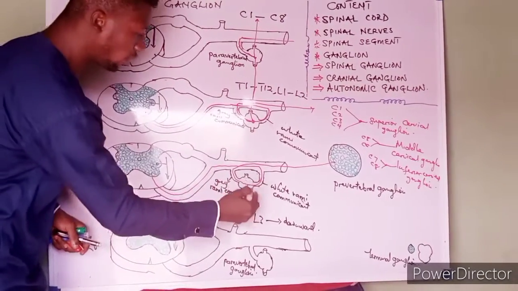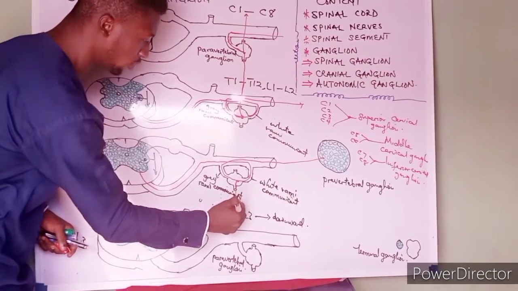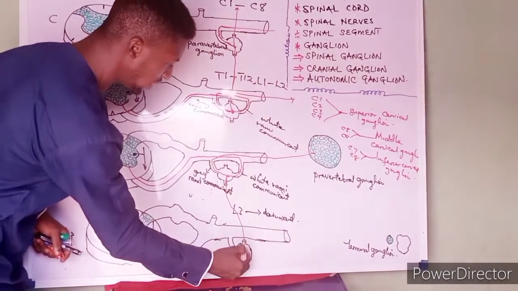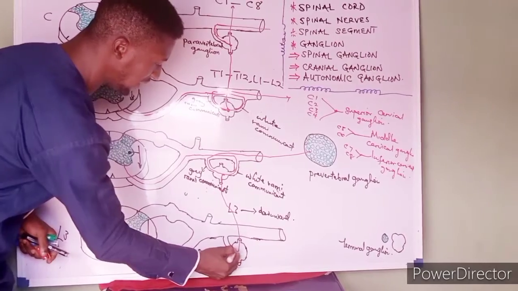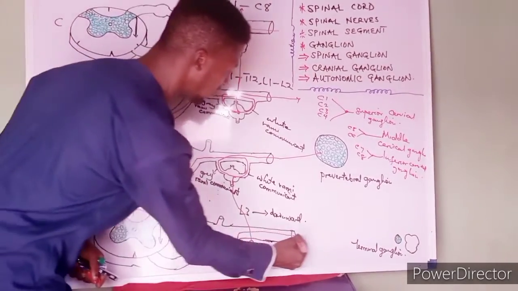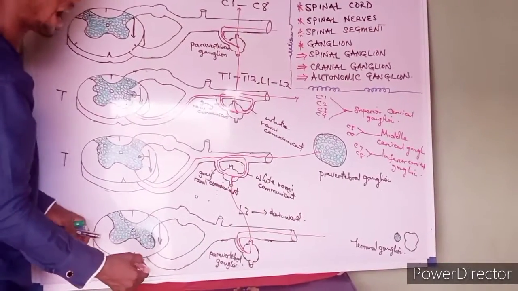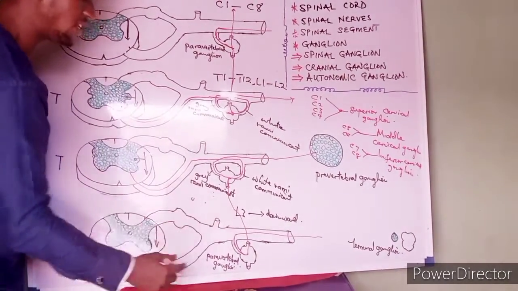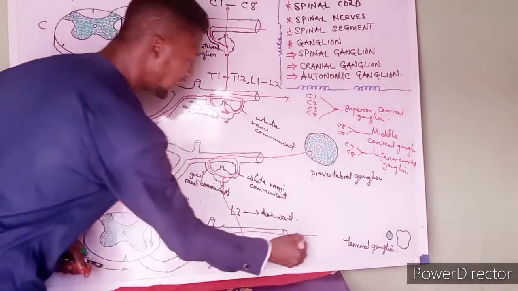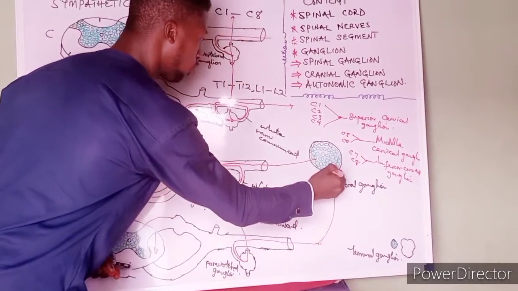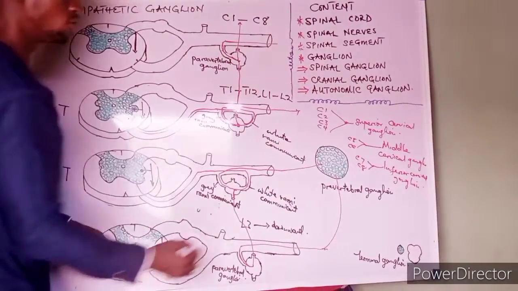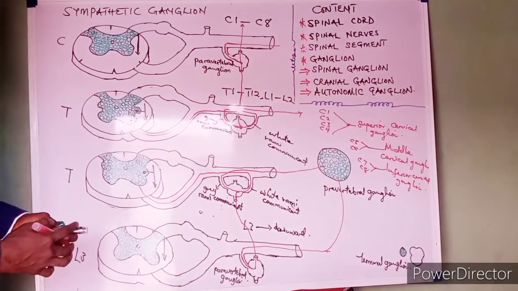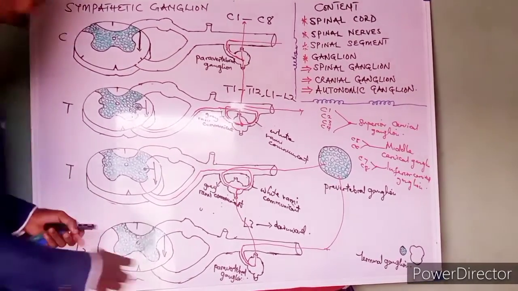From the L2, as it descends, it enters through this particular region and the communicant, and it continues its journey outside through the spinal nerve. And as a result of this, it might not also terminate here. Instead, it can continue to form what we refer to as the prevertebral ganglion.